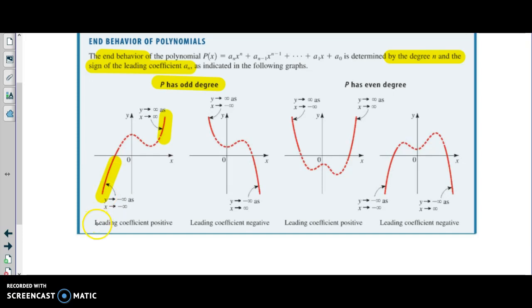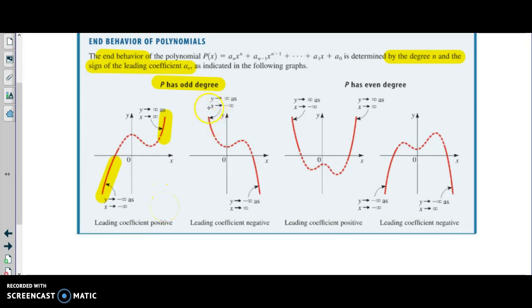If you read here, it says the leading coefficient is positive. That means y goes to negative infinity as x goes to negative infinity. Then at the top, y goes to infinity as x also goes to infinity. So this is when your leading coefficient is positive and p has an odd degree.